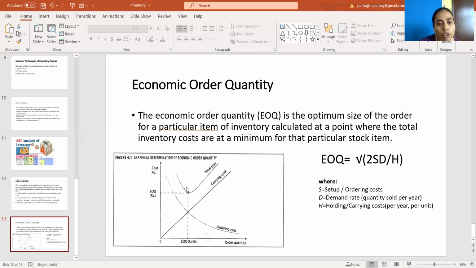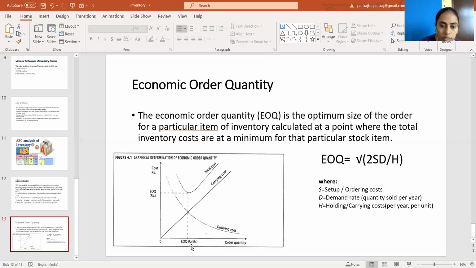And in this total cost curve, we will see that there is a dip in the total cost. So this is the minimum total cost. So if you want to order a commodity, and if we drop a perpendicular from the minimum point of total cost to the quantity axis, we will get the economic order quantity in units.